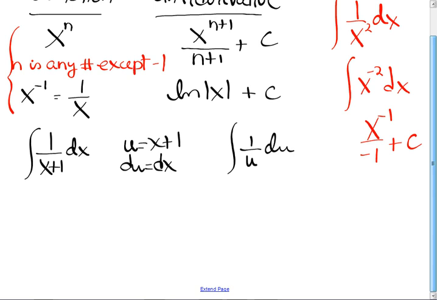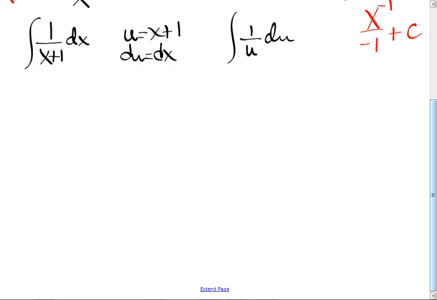I can. Now, if it's going to be, and I've seen this happen, the integral of 1 over 1 minus x, we have some problems here. It's still going to be the log, but the problem's going to be that minus. How do you know a function's an antiderivative? Take the derivative of it. So if I let u equal 1 minus x, you're going to see what's going to happen.